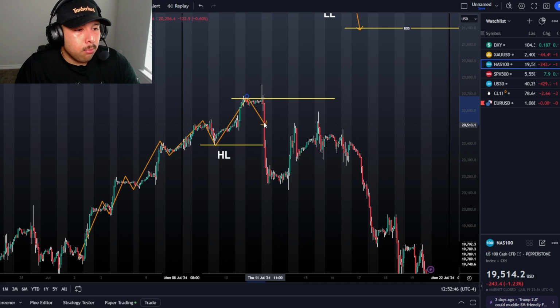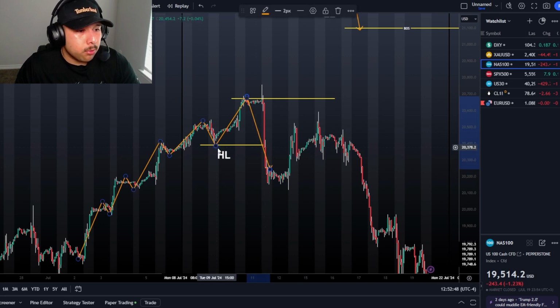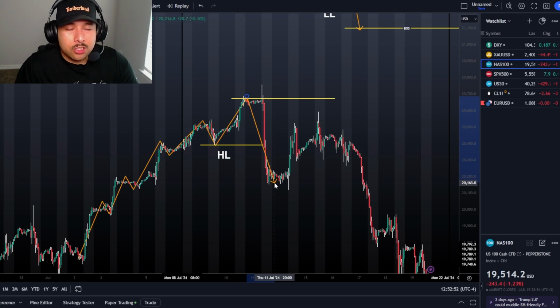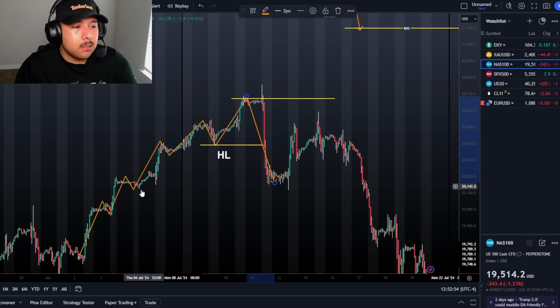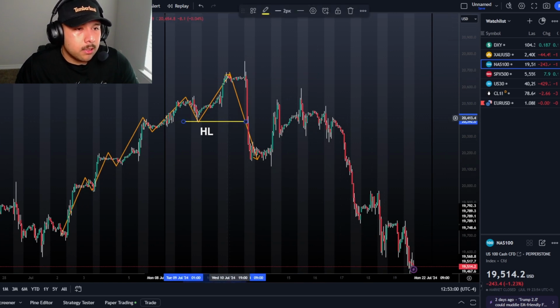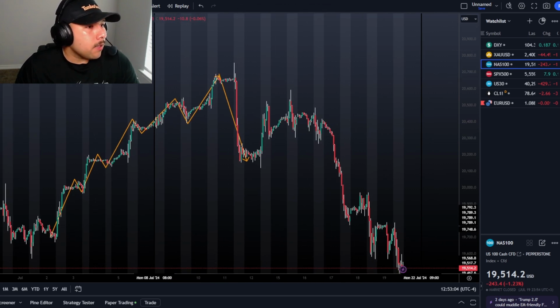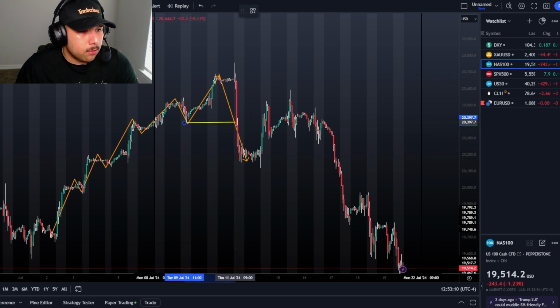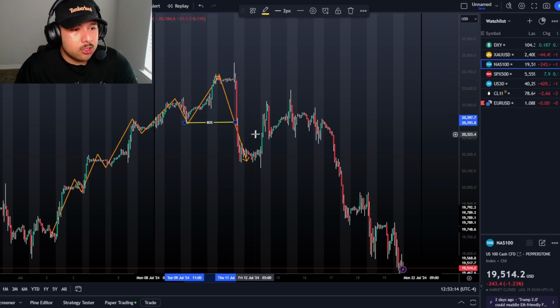Once price breaks below the previous higher low on the uptrend, you have created a change of character, changing the trend from bullish to bearish, which means we now expect to see lower lows and lower highs. A great example of why everything in the middle is market structure is that as soon as price broke down and broke this structure here, we flipped from bullish to bearish.